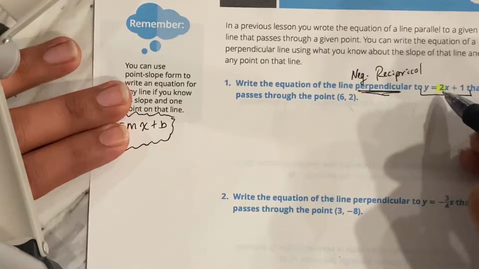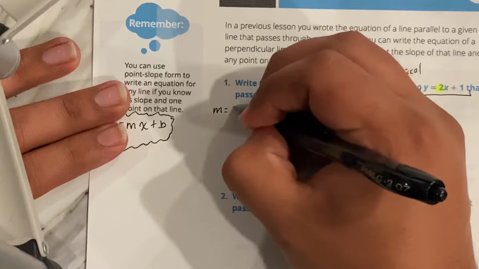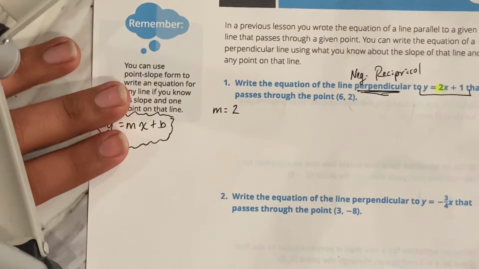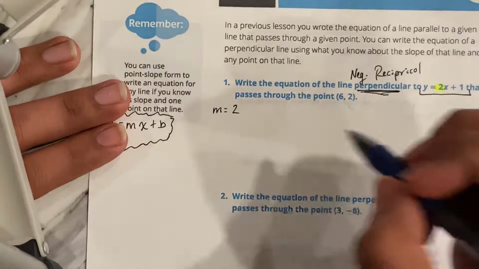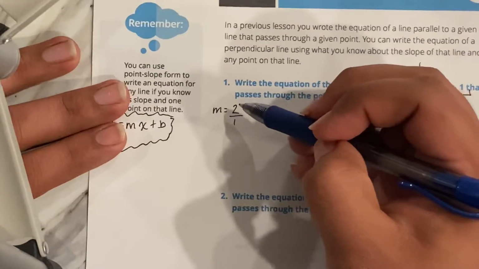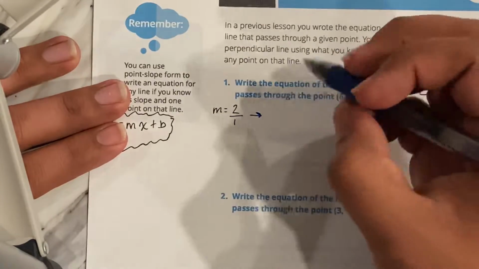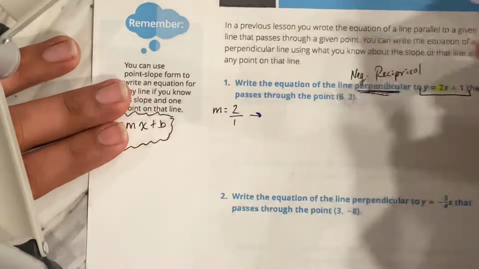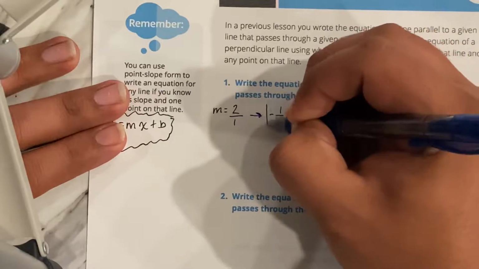So before we even use that 2, I need to say, okay, I know slope is my 2. But because it's talking about the negative reciprocal, I do have to do the whole flip. So I got 2 over 1. This changes around. Negative, because now it's changing to negative, 1 over 2.